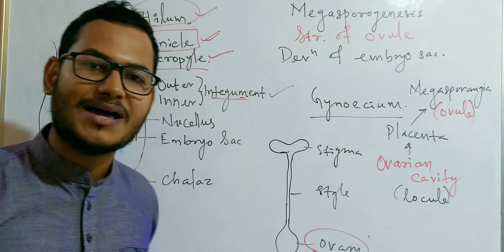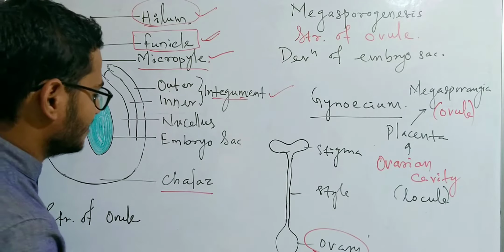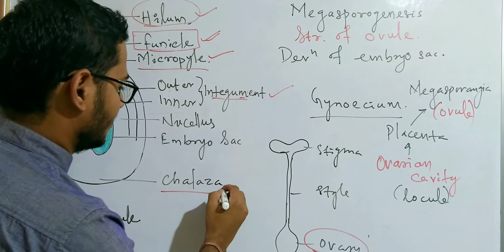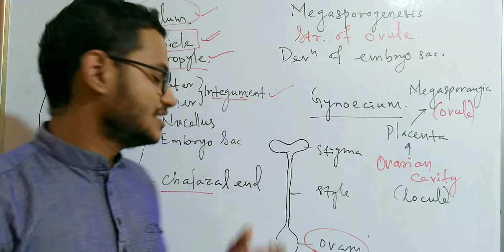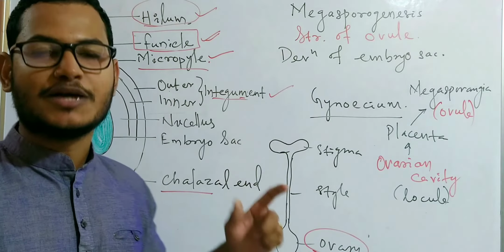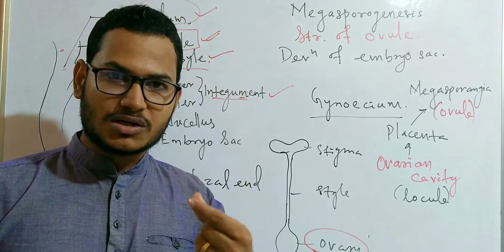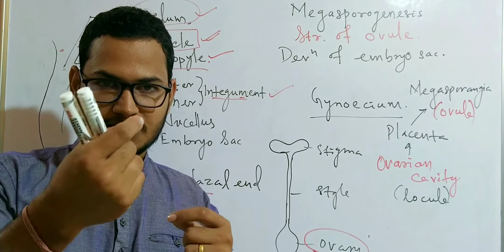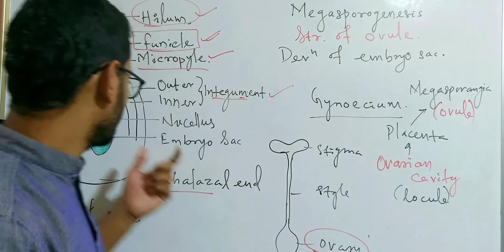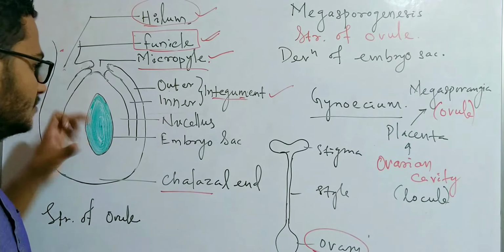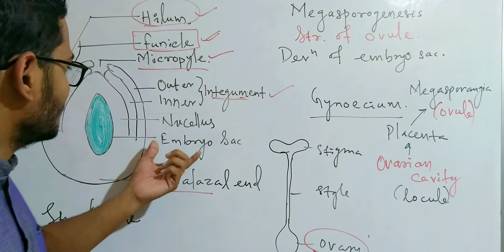Opposite to the micropylar end is the chalaza, or chalazal end, at the base of the ovule. The micropyle is the pore through which the male gamete can enter into the embryo sac. The embryo sac is present at the center; the central position is occupied by the embryo sac.